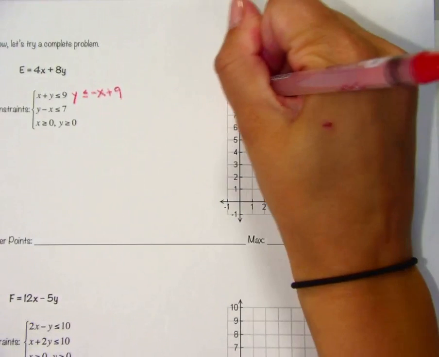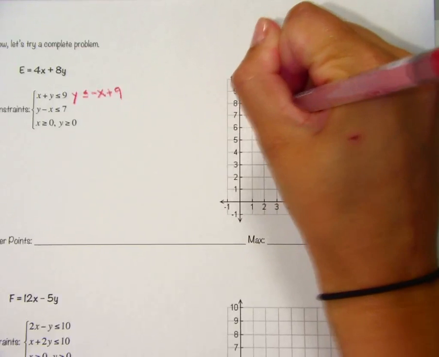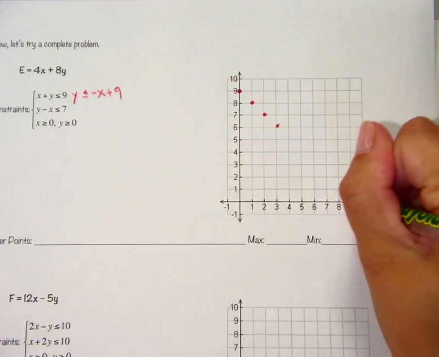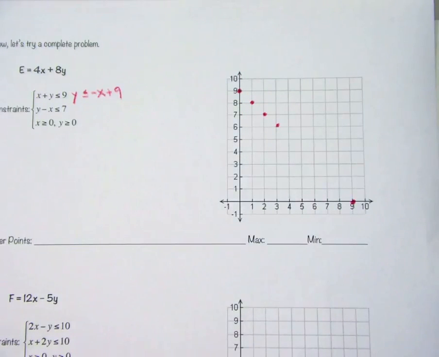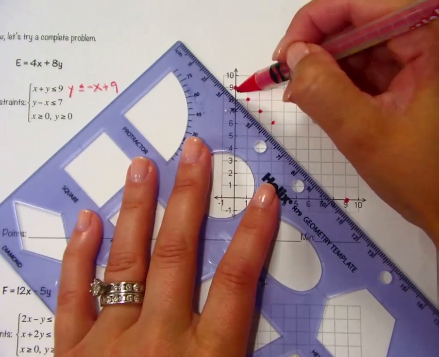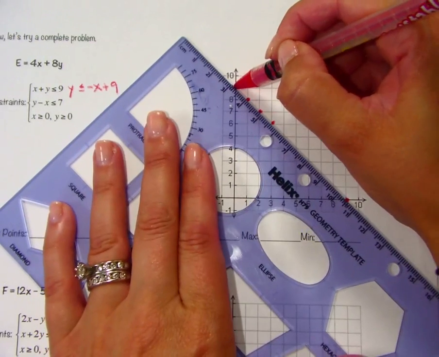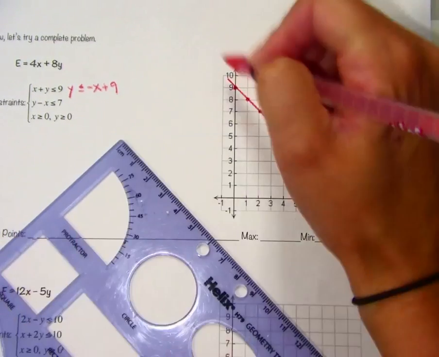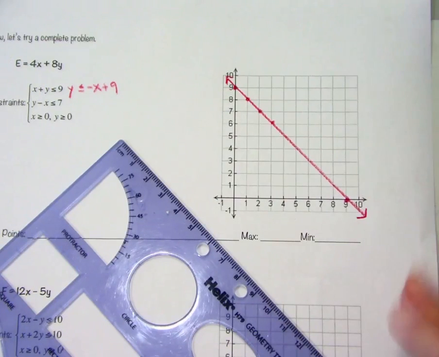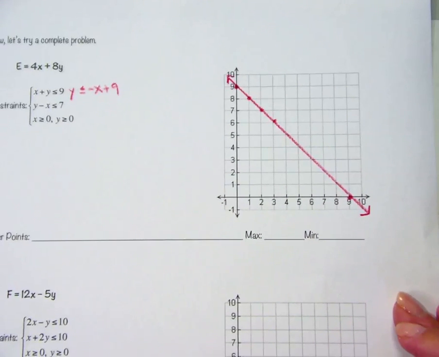So y-intercept of 9 again, slope of -1. Tori, where are we shading that one?